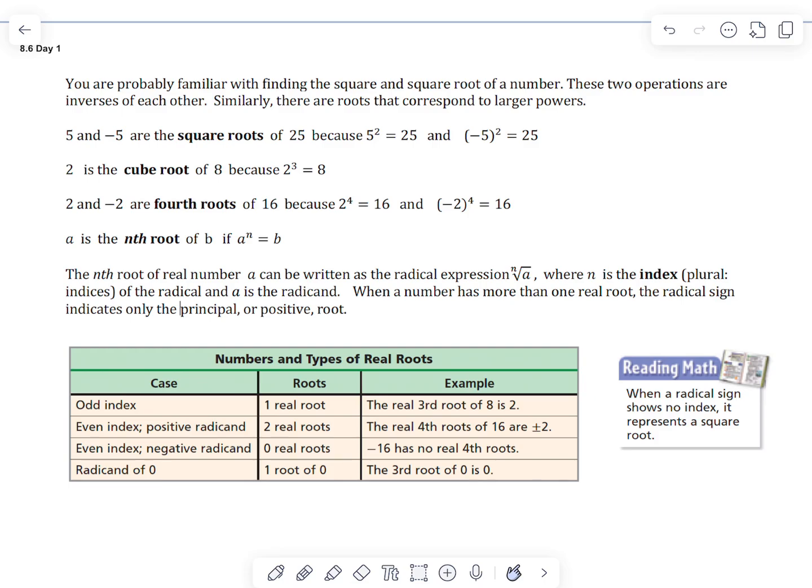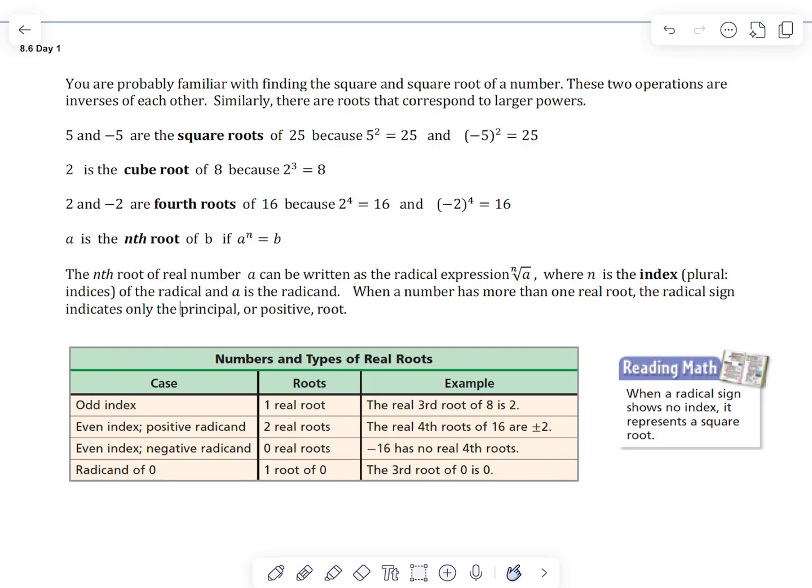2 is the cube root of 8 because 2 cubed is 8. 2 and negative 2 are 4th roots of 16 because, again, 2 to the 4th power is 16. Negative 2 all to the 4th power is also 16.